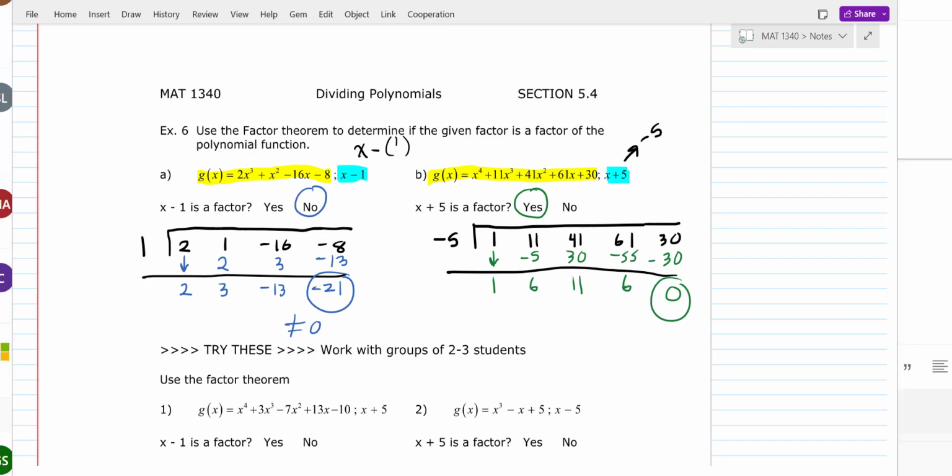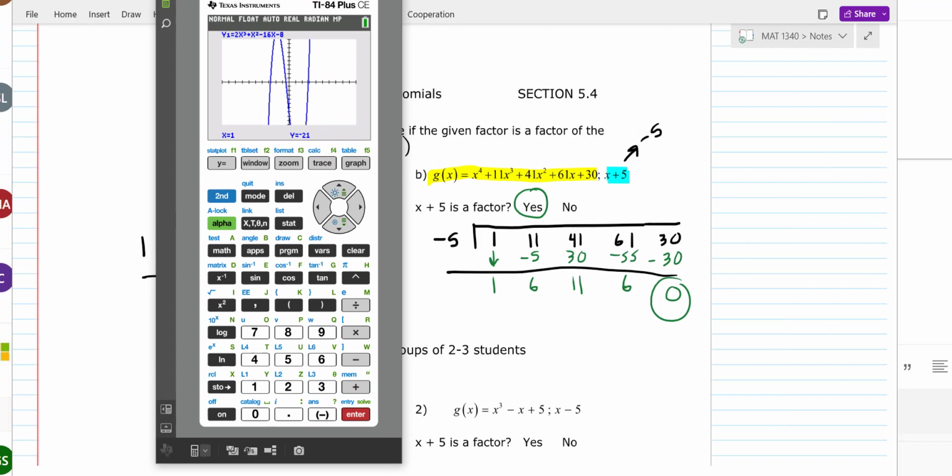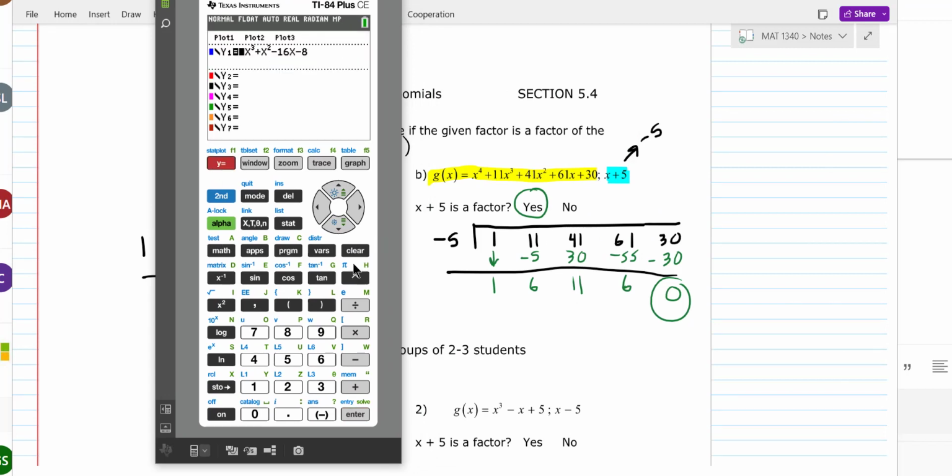And graphically on this problem, just one more time, I want you to see geometrically what's happening with this graph. So let me erase that. So we have x to the 4th, plus 11x to the 3rd, plus 41x to the 2nd, plus 61x, plus 30.